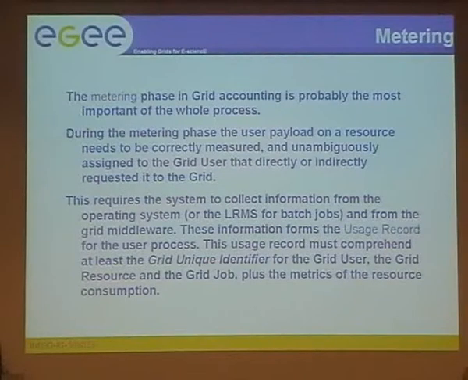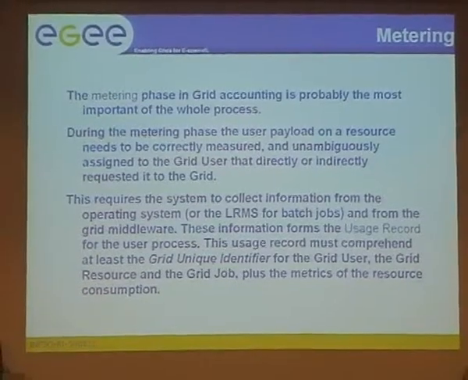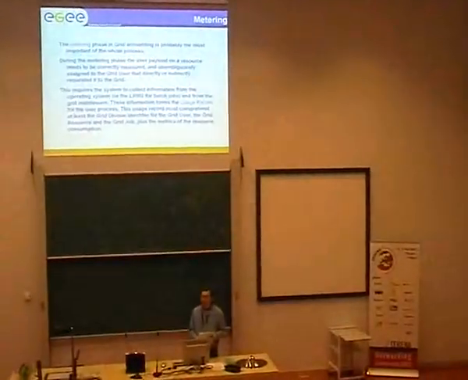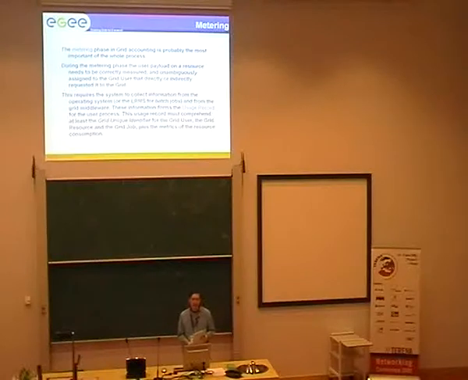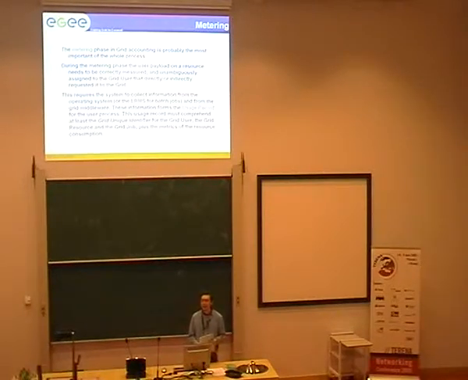So the first step, and probably the most important one when we are talking about monitoring and accounting, this is rather a common piece for those two aspects, is the metering phase. Metering is essentially the phase in which you measure the user payload that is currently happening on a resource.